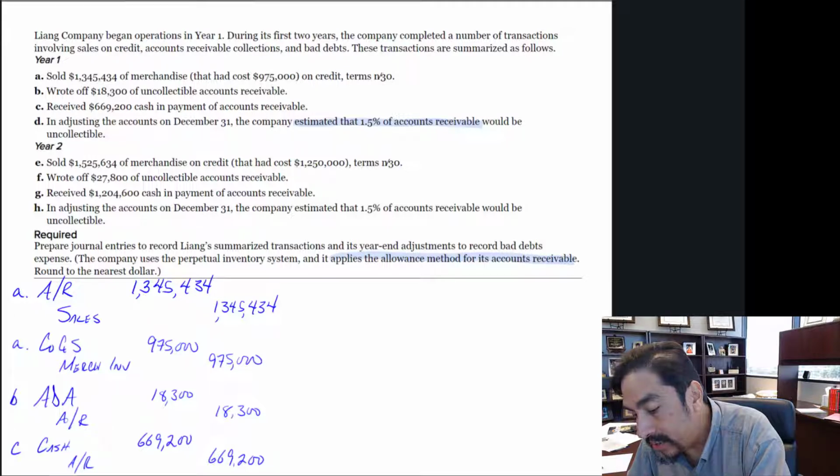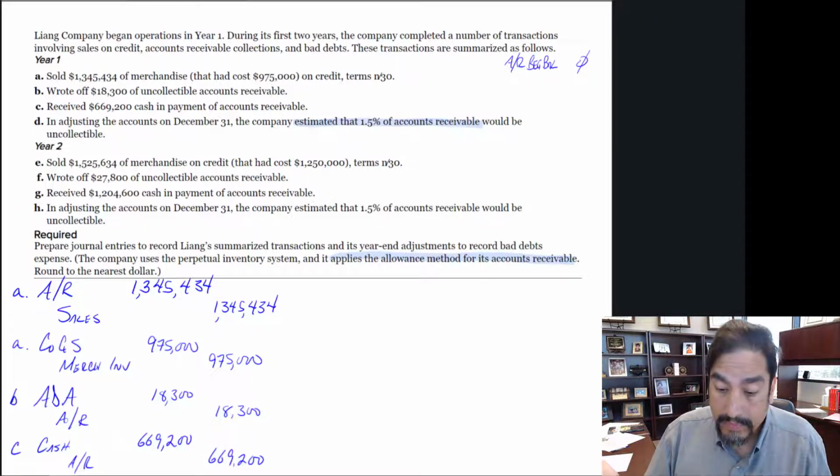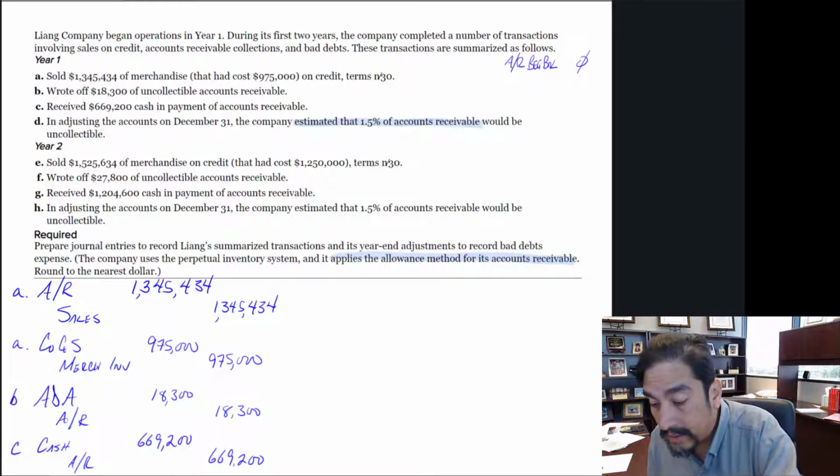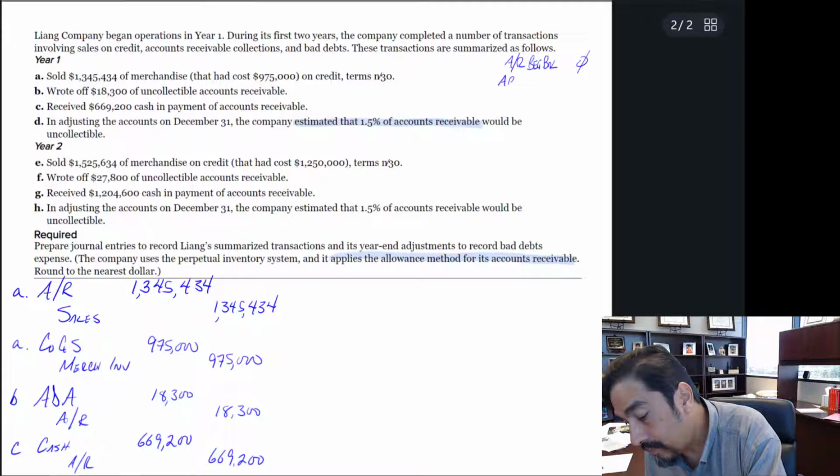So accounts receivable beginning balance. Brand new. We began operations in year 1, so there were no sales before this year. So we're going to start with 0 accounts receivable, and look at our journal entries, and that'll tell us. In A, we had sales of $1,345,434.